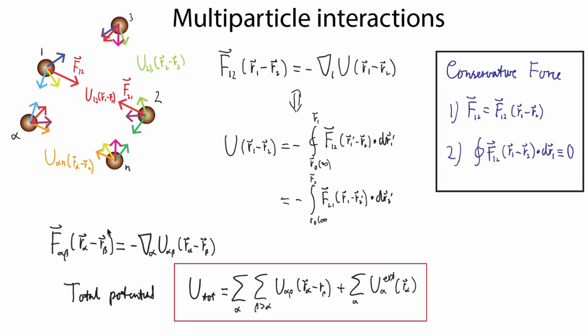Now, because you can find the forces from each of these individual potentials, just as before, by the way, I should remind you that this works in reverse too, that we can get the force on particle beta from particle alpha from the same potential, just by taking the gradient with respect to the second particle.